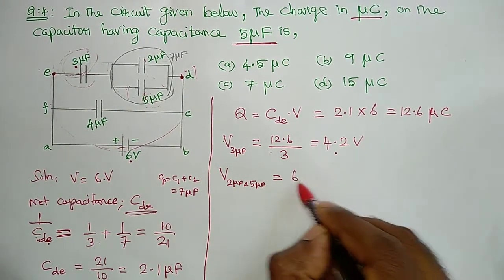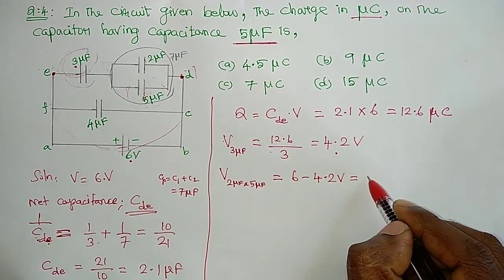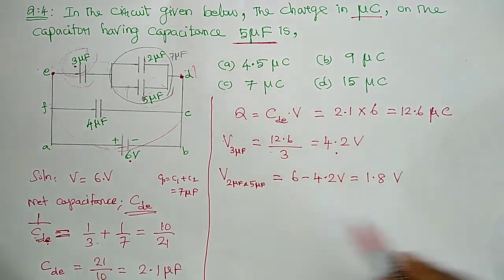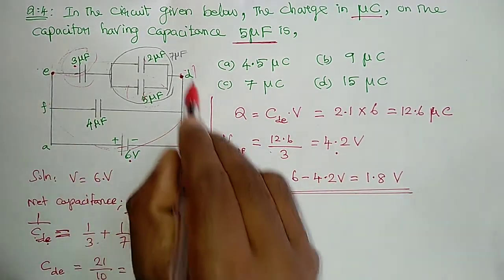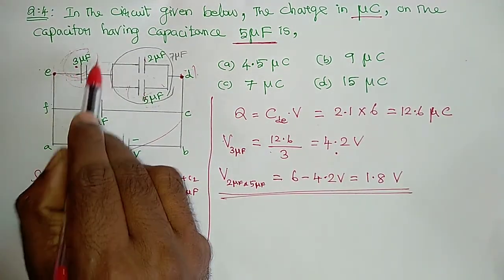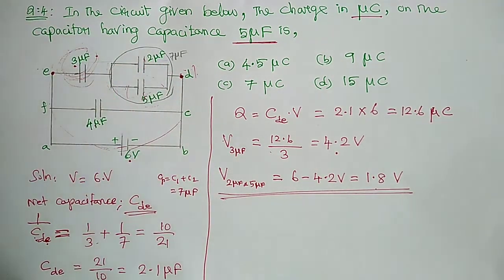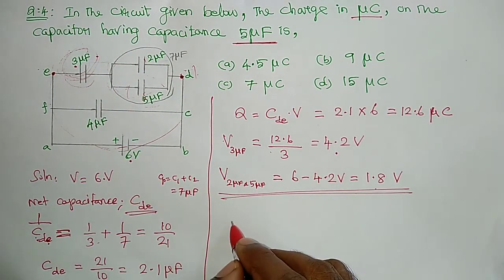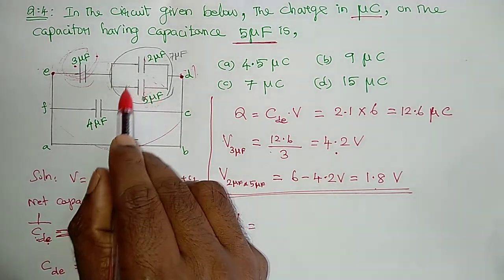So 6 minus 4.2 volt is equal to 1.8 volt. Students, do you understand? Out of the 6 volt potential applied here, if 4.2 volt drops here, the remaining here is 1.8 volt.